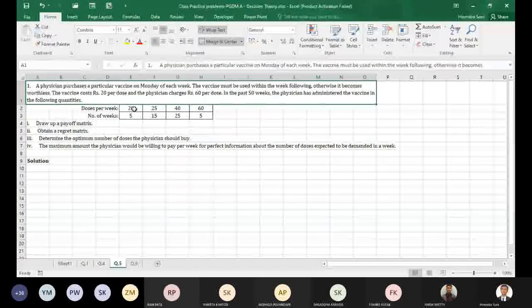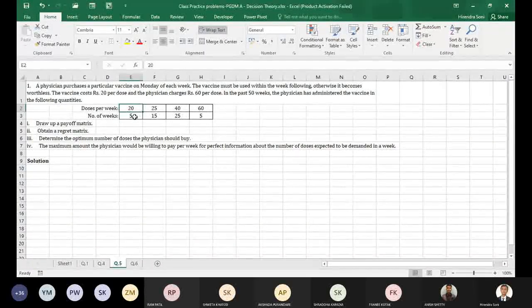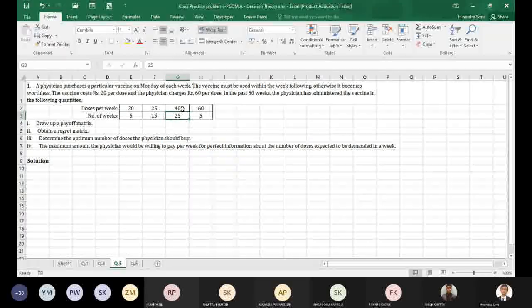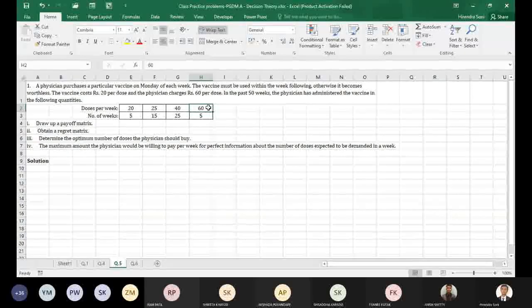So per week, 5 weeks were such that he administered only 20 vaccines. 15 weeks were such that he administered 25 vaccines per week. 25 weeks were such that he administered 40 vaccines per week. And 5 weeks were such that he administered 60 vaccines per week.